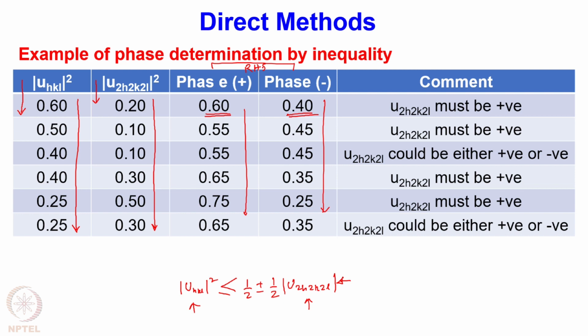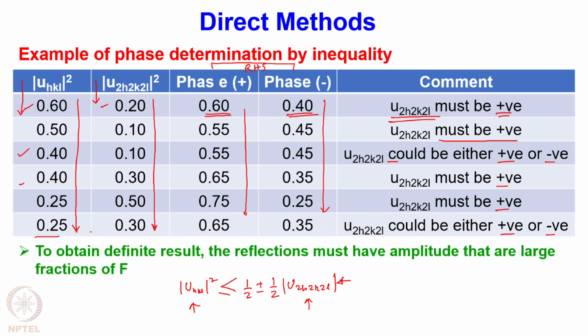Now we can see that for this condition, U_2H2K2L must have a positive phase to have the inequality valid. If it is the second one, it also must be positive. But in the case of the third one, the phase can be both positive and negative. Similarly, for the next one and the following, this should be positive, and U_2H2K2L could again be positive or negative for a smaller value of U_HKL like this.